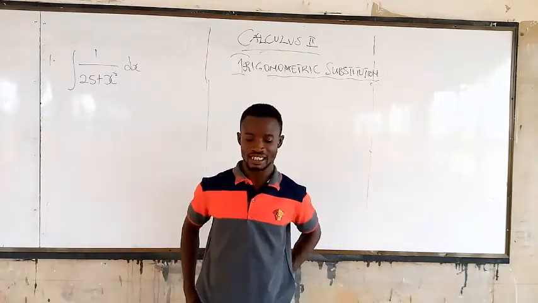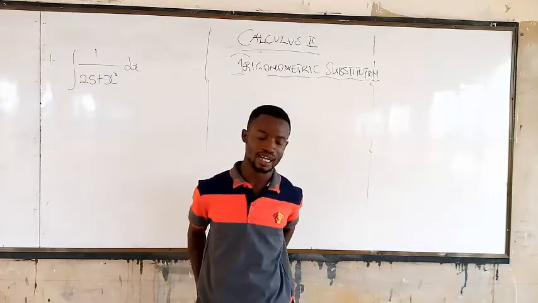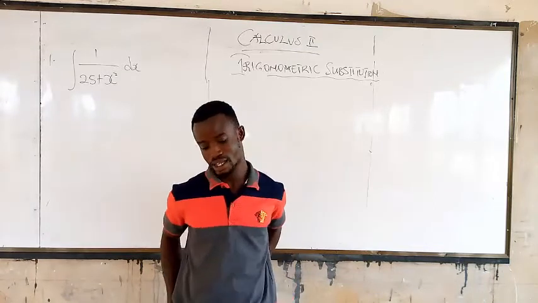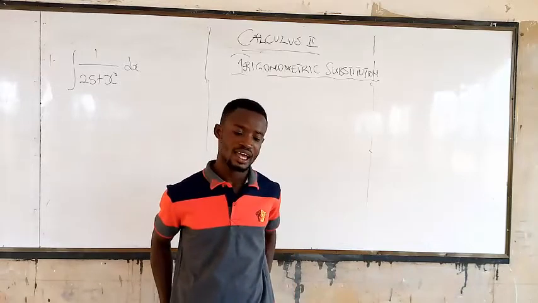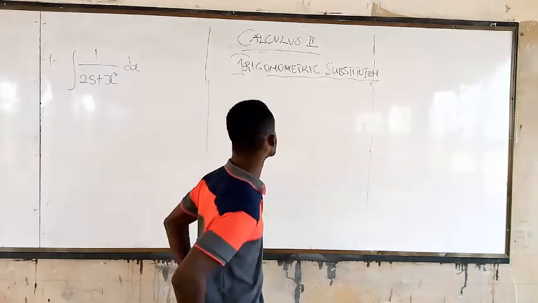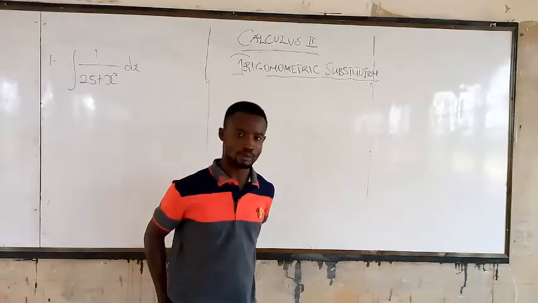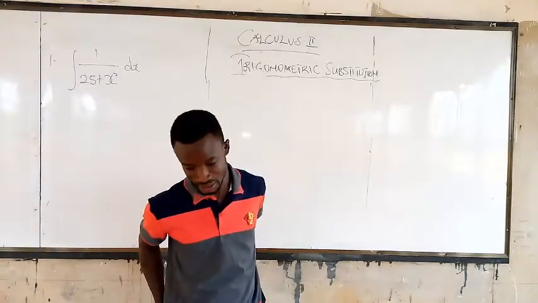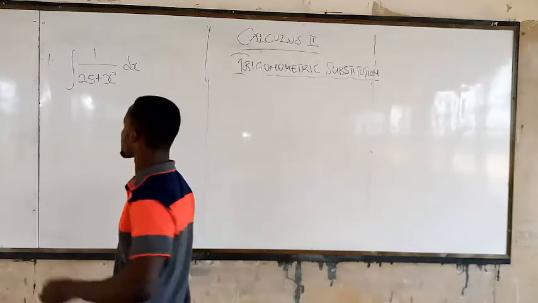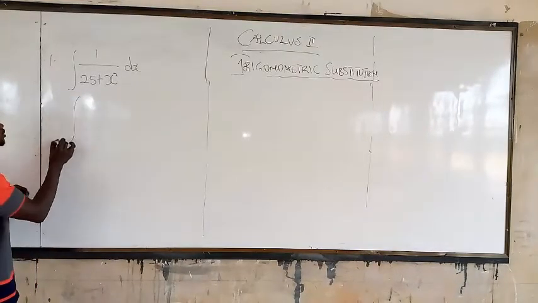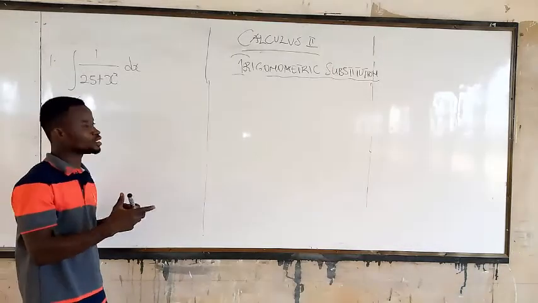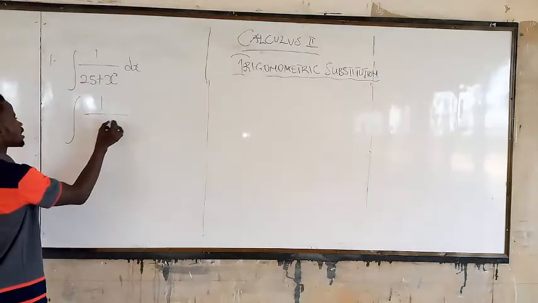I know of that and I have taught you of that, but not in all cases can you do it in such a way. So here, let's use the trigonometric substitution concept to do that. And I hope you know what I'm talking about. If you want to use inverse trigonometry, you can do it this way.